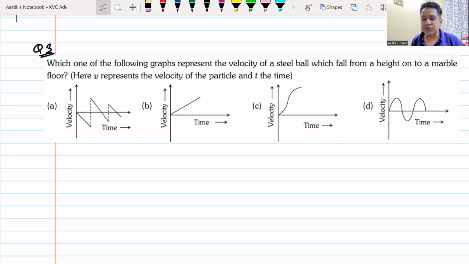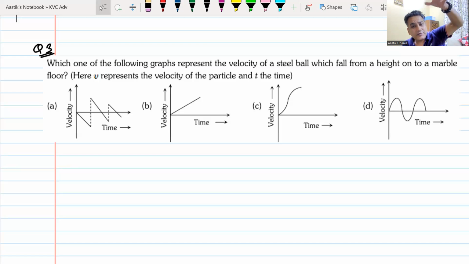This question has come in JEE Main and JEE Advanced many times. Which of the following graphs represents the velocity? Sometimes it is for velocity, sometimes it is for speed. Which of the following graphs represents the velocity of a steel ball which falls from a height onto a marble floor? V represents the velocity of the particle and T is the time.